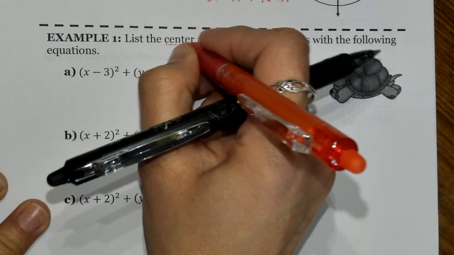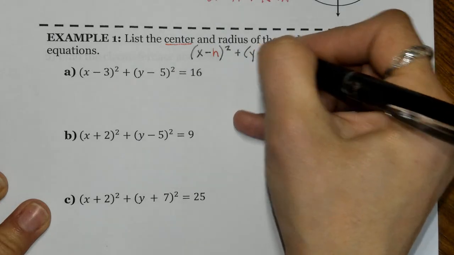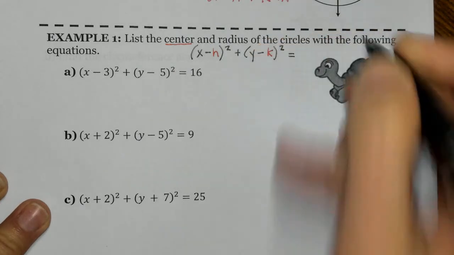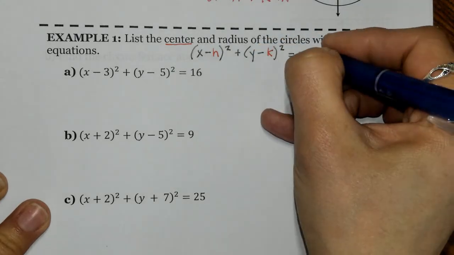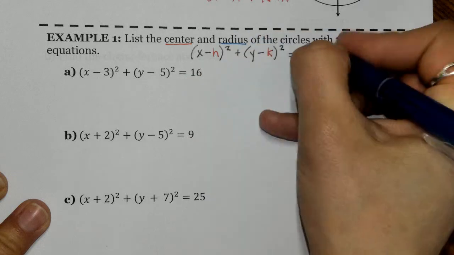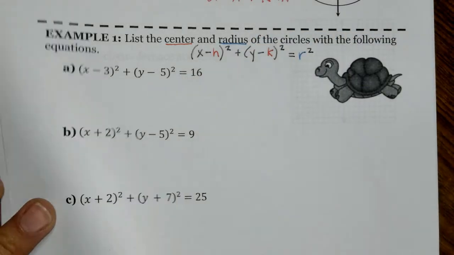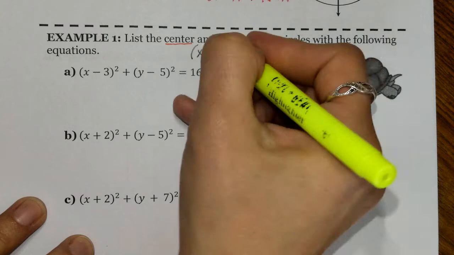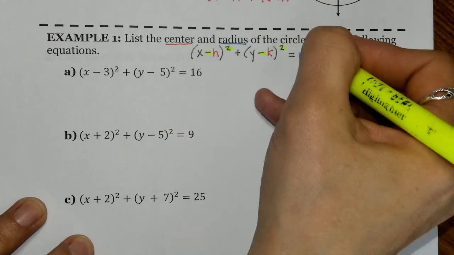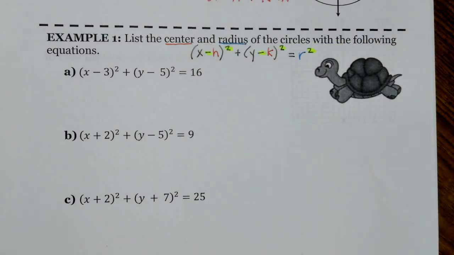So my centers I'm going to use with my orange, and we're going to square that, all equal to the radius squared. Have to square that radius.